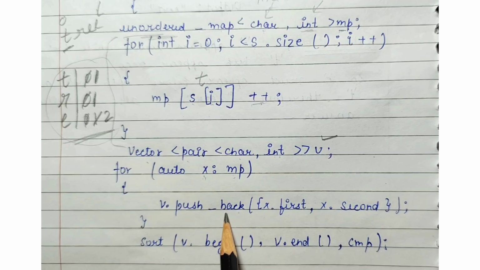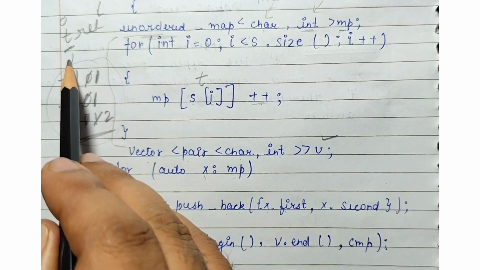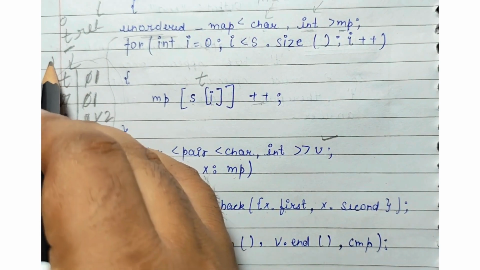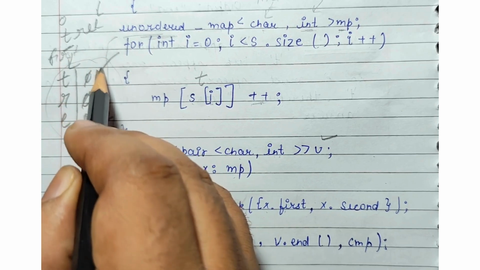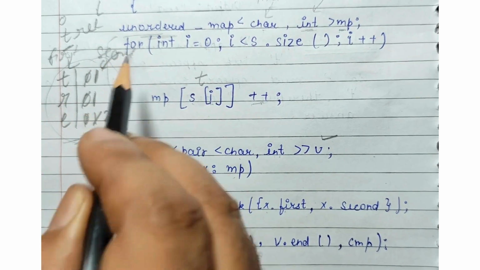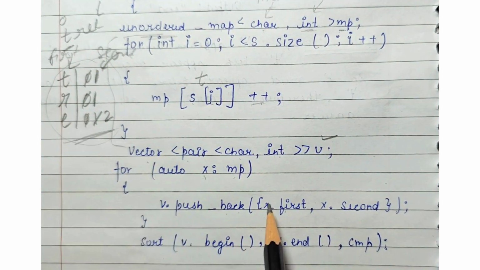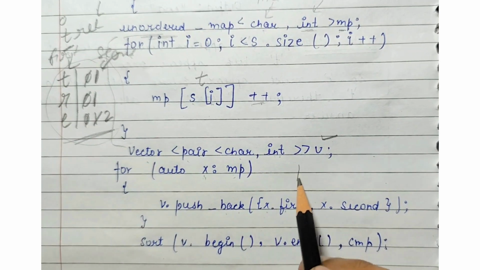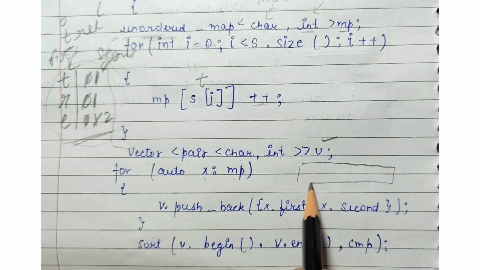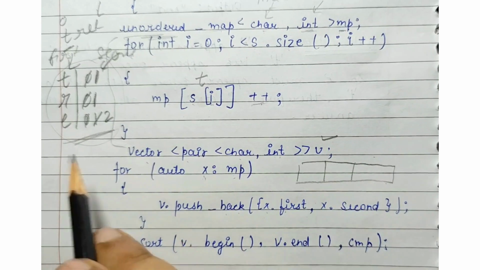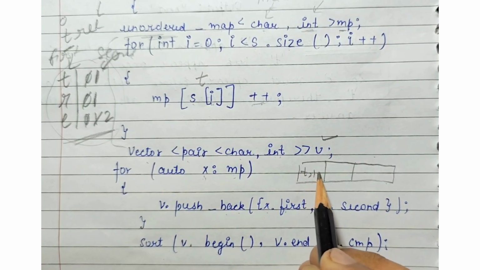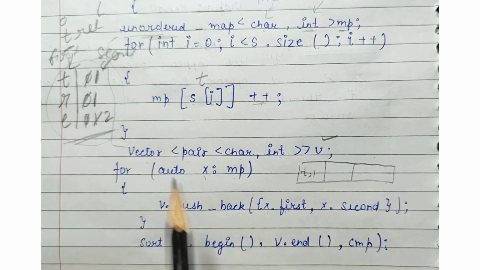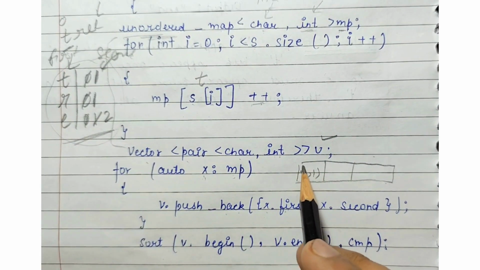Using this push_back function I input x dot first, because the first column is represented by first and the second column by second. So we input the value in the vector in the form of pair. First we input t comma 1, because x dot first is t, x dot second is 1.